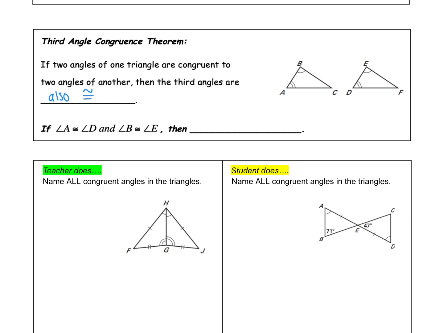So if you have two pairs that are congruent, the third pair has to be congruent also. It does not mean the triangles are congruent. This is only referring to angles. So in the picture, we have pair 1, pair 2. Even without markings then, we know that angle C is congruent to angle F.